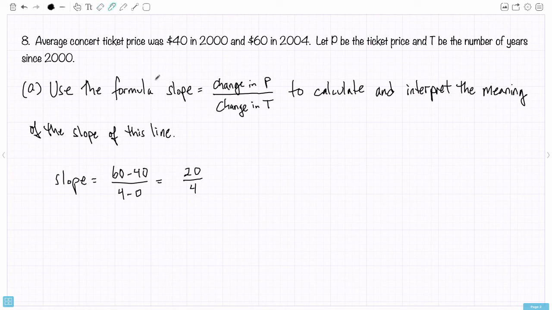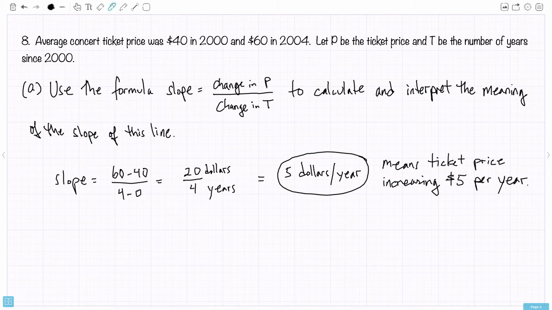Notice the units here, $20 in 4 years. And it's positive. So it's a $20 increase per 4 years, which you could reduce to a $5 increase per year, assuming an average rate of change. Okay, we're going to use that part A answer in part B.